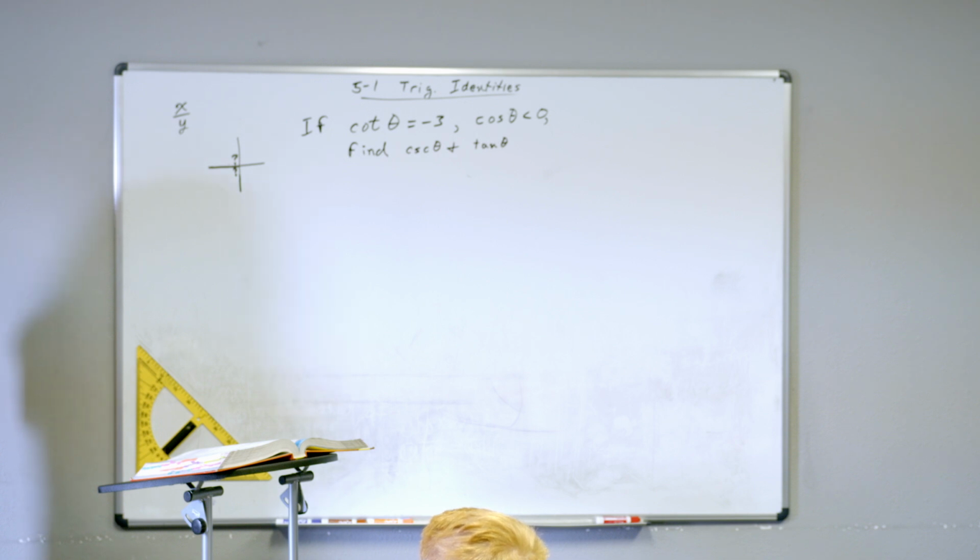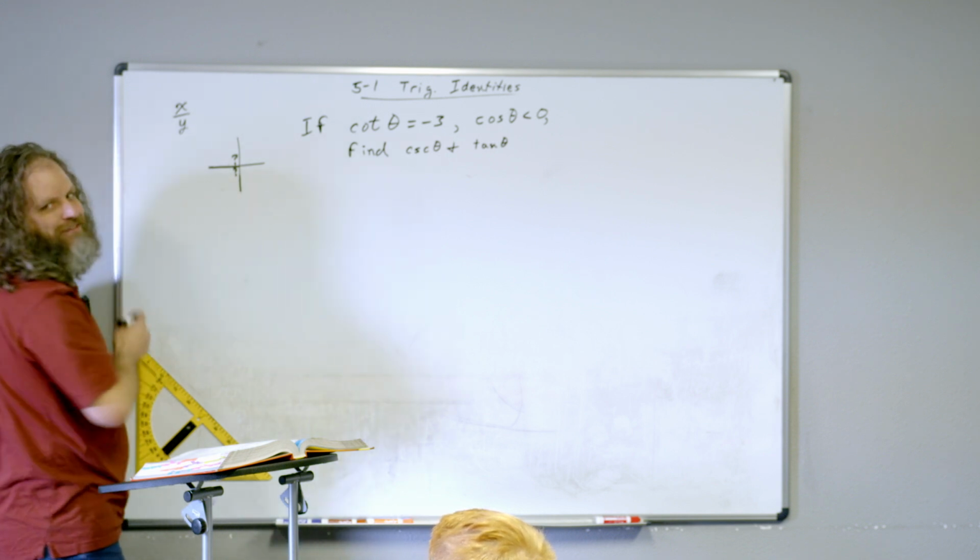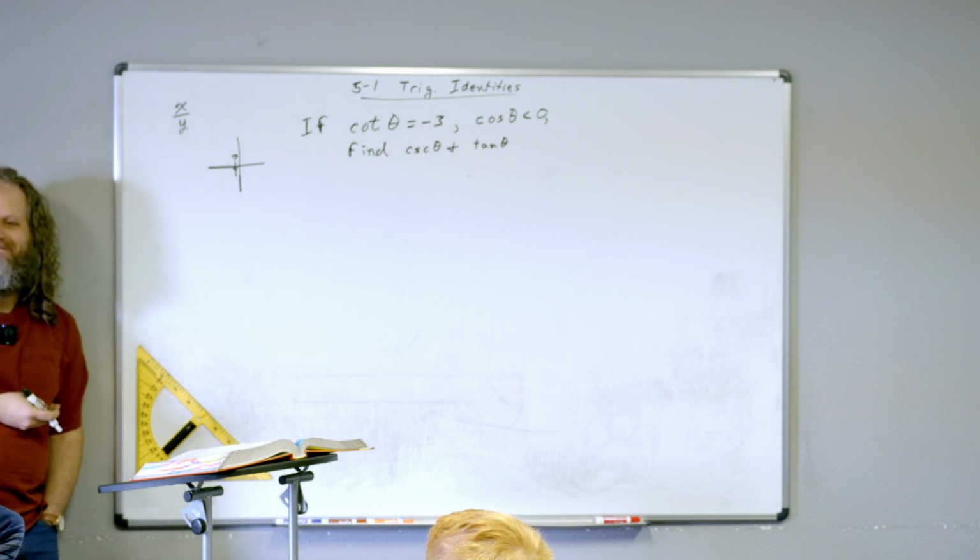Does y equal cosine or sine? Cosine is x over r. That's how we know it's to the left. It's whatever one makes the y negative.